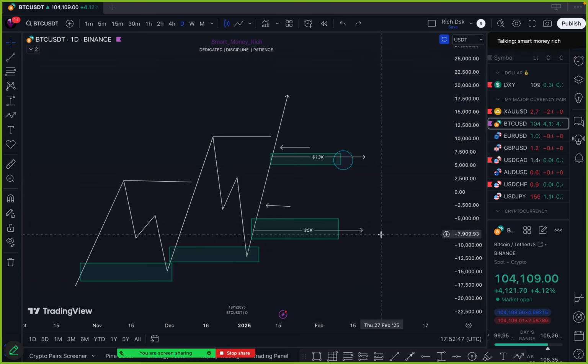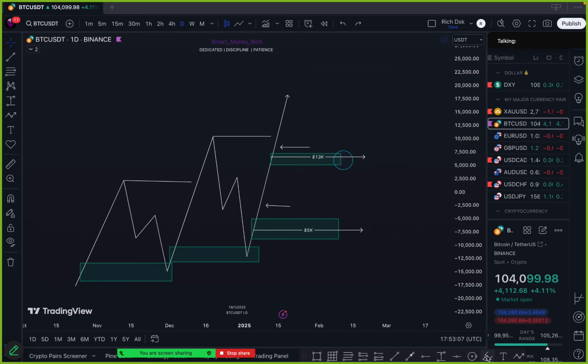And secondly, you also need to remember that for price to continue a buy or a sell, it has to do a deeper pullback to attract buyers or sellers.